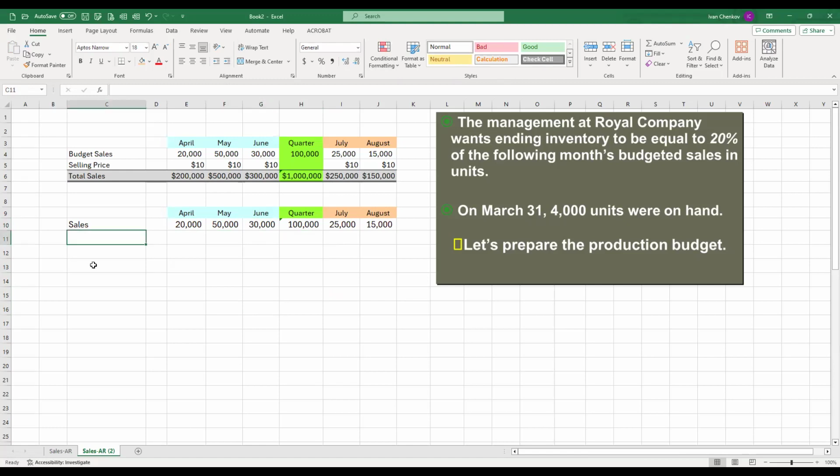What else do we need? Management wants to have ending balance every month equal to 20% of the following month's sales. Why does the management need that? What do you think, why does the management need that?